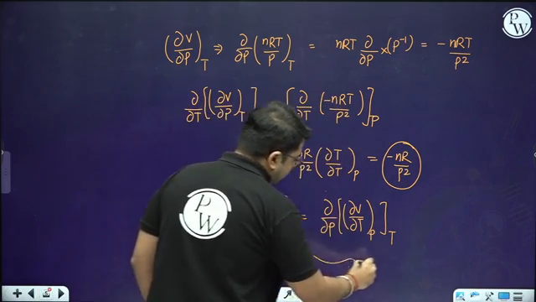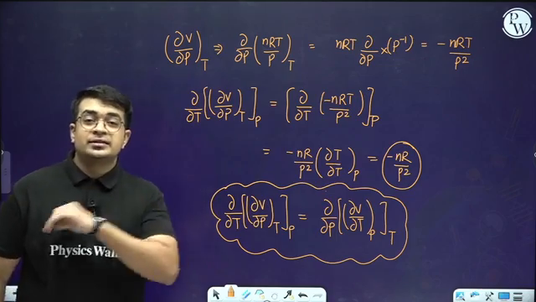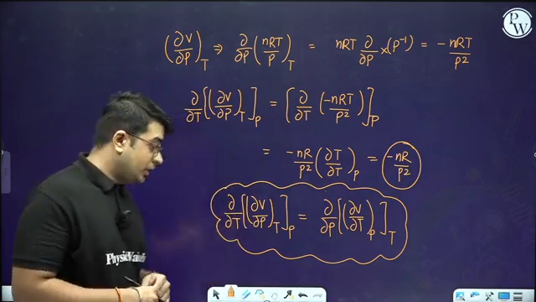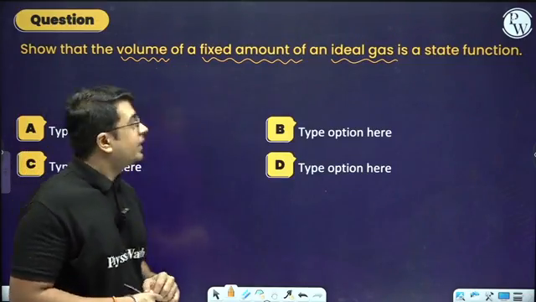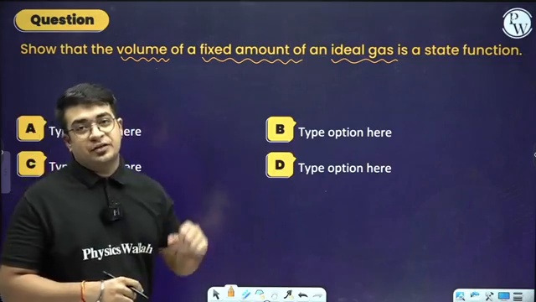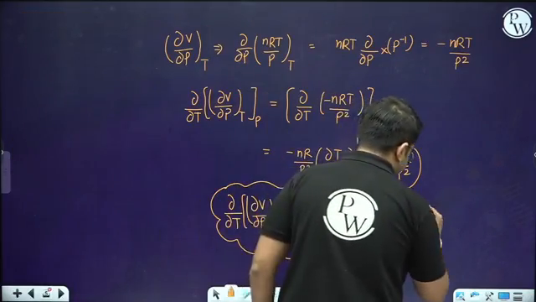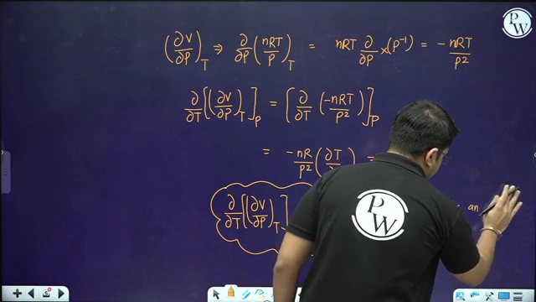These two things are actually equal, and that proves Euler's reciprocity. So it means this particular function, the volume, for a fixed amount of an ideal gas, is a state function. That is true in this case. We can say from this particular part that volume is a state function.